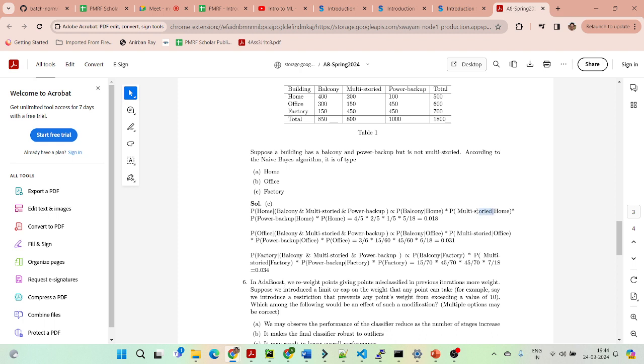They have used multi-storage. Okay, that is the problem. But in the question, it is given not multi-storied. So the probability is 2 by 5. This term must be 3 by 5. Correct.